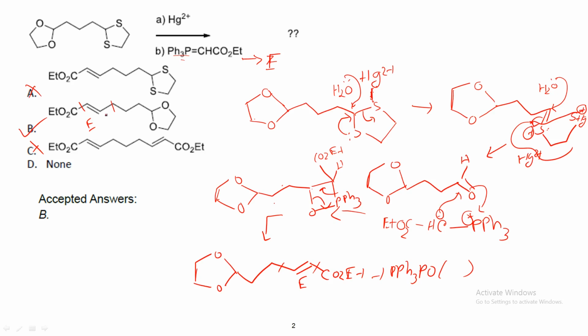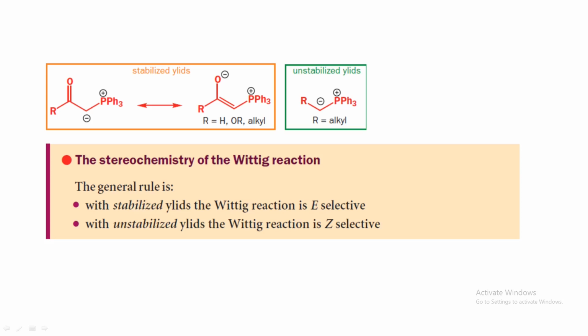So for this type of Wittig reaction, this specific stereoselectivity is well known. So let me give a little bit of description of that. So here you can see it is a stabilized ylide. Why is it stabilized? Because this particular negative charge can be easily in resonance with this functional group.